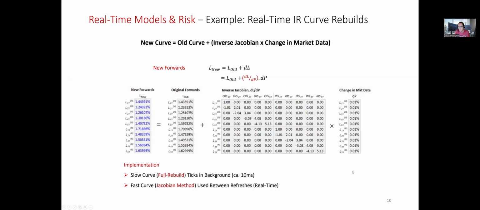I've seen some shops where they'll build the full curve maybe every 30 minutes, and then just refresh the curves in real time using this fast curve Jacobian update throughout the day. So you take your original curve, you multiply the inverse Jacobian by the market data, and you add those two things together, you get your new curve. That's how you would take a slow curve and refresh it in real time.